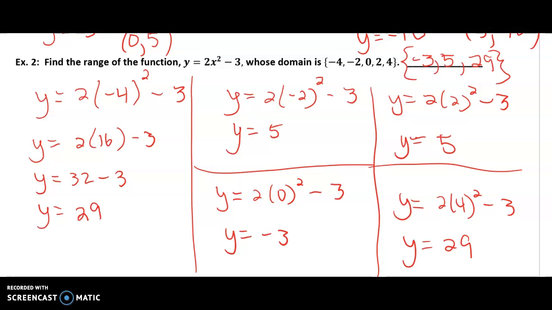While a couple of these values repeat, you do not have to write them again. So here on the line, I have the range of the function in set brackets: -3, 5, 29. Those are the values for the range of this function given that specific domain.